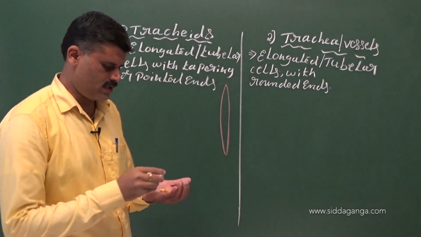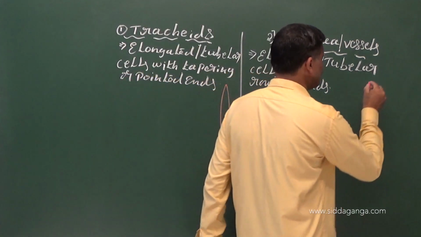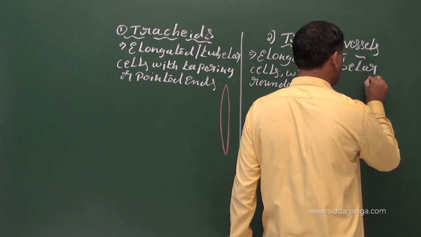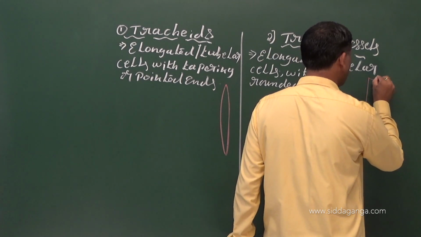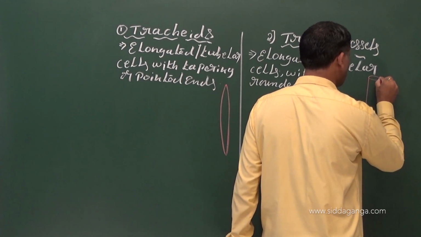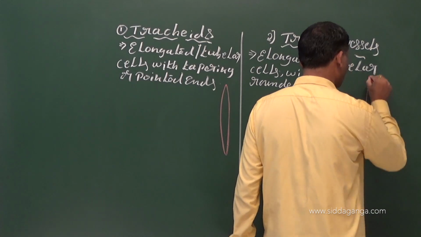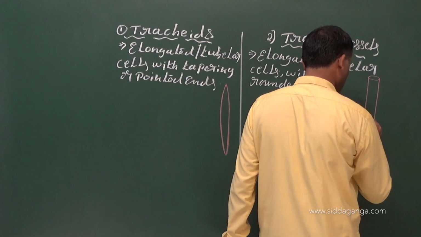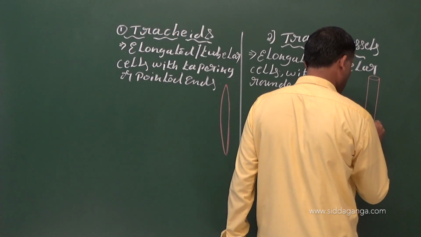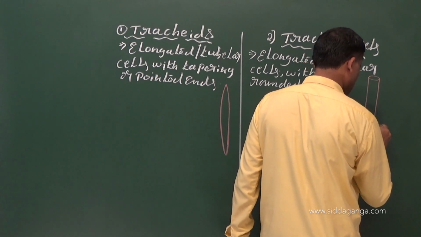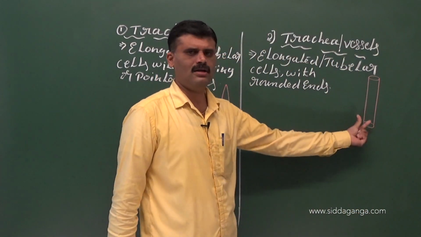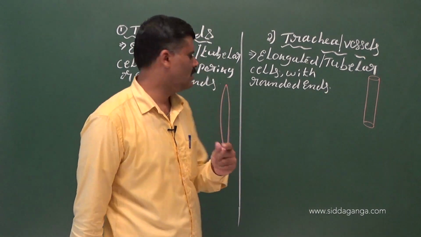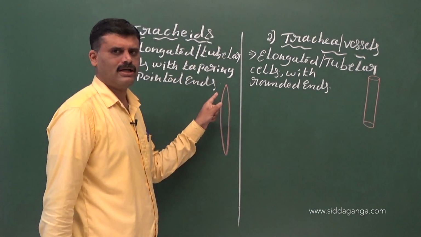See here, these are tubular cells and their end walls are round in shape, but here the end walls are pointed.